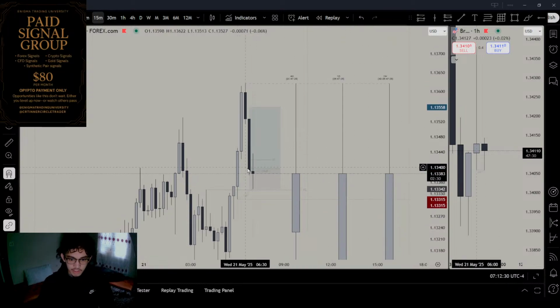Give me the first bullish candle on this leg down.